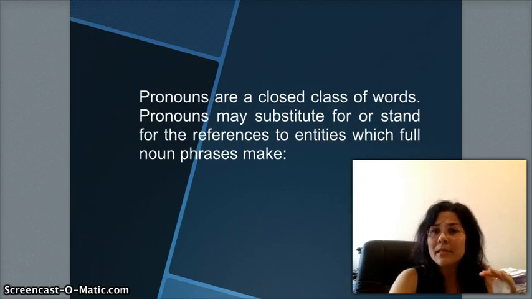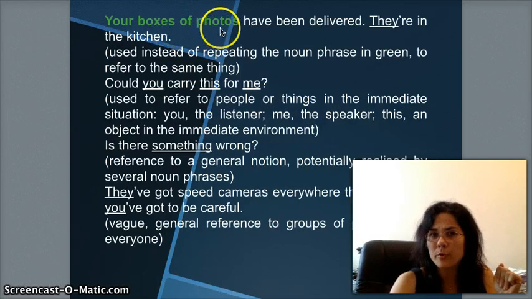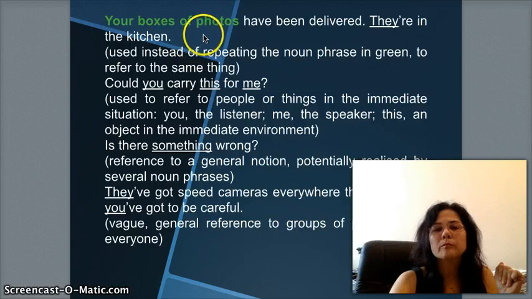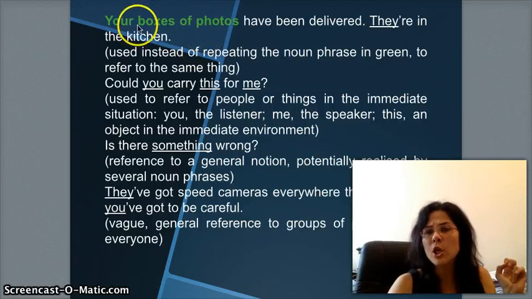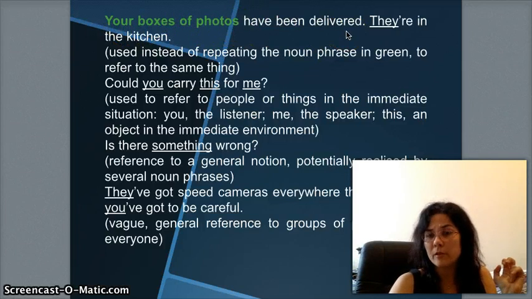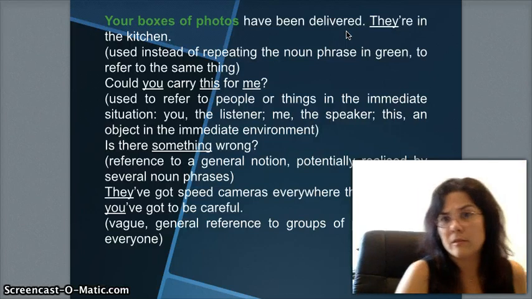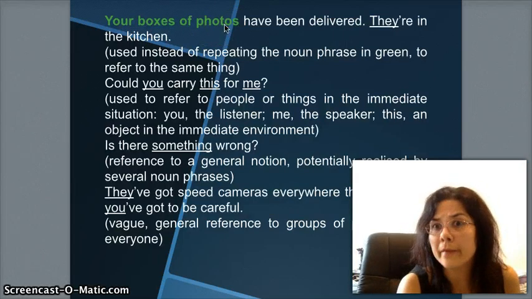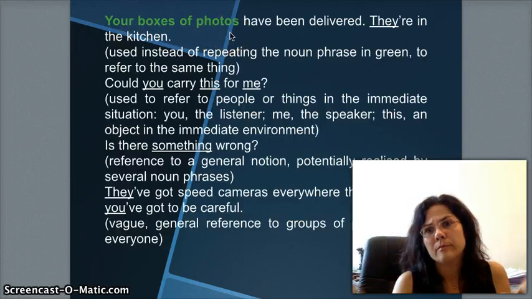Okay, so let me give you an example. If we say your boxes of photos have been delivered, they're there in the kitchen, we have two clauses. The first clause is your boxes of photos have been delivered. And what's the subject of the sentence? Your boxes of photos. Perfect. Your boxes of photos is a noun phrase.